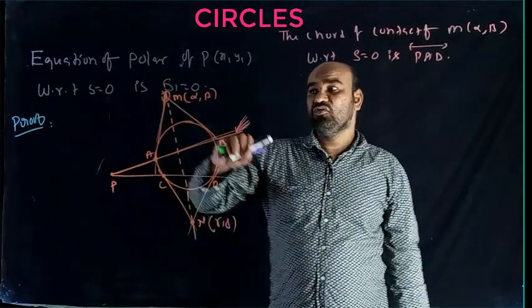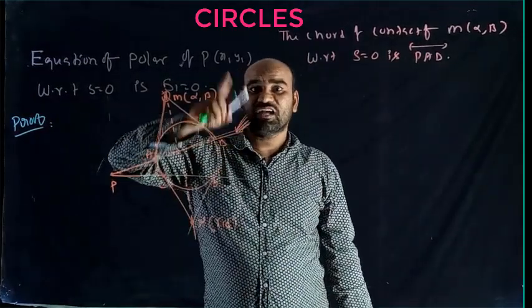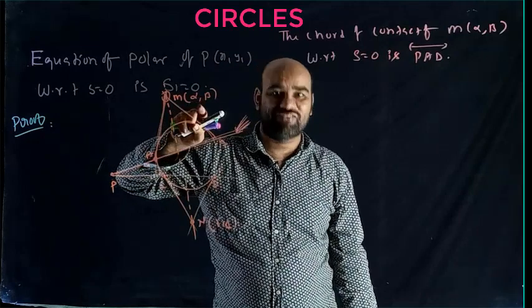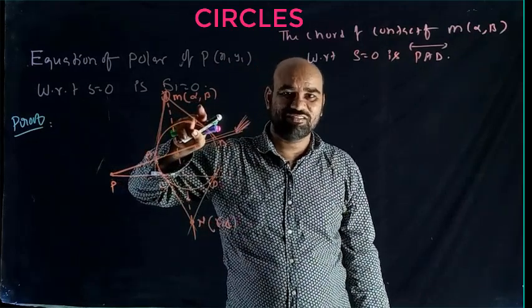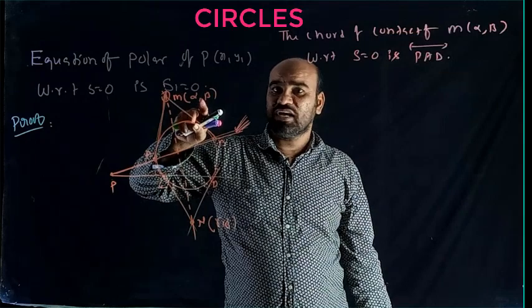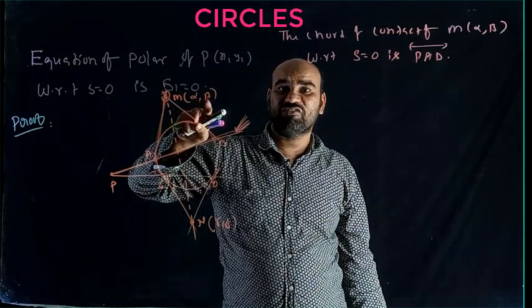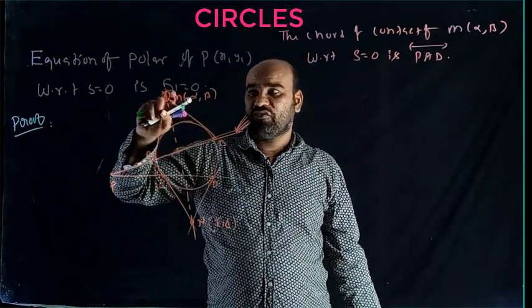You know how to find the chord of contact of a circle from a point (x1, y1): xx1 + yy1 + ... = S1 = 0. Here x1 stands for alpha and y1 stands for beta, because this is the chord of contact for this point only.